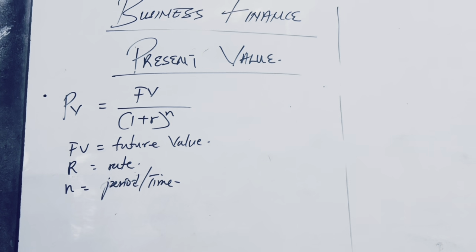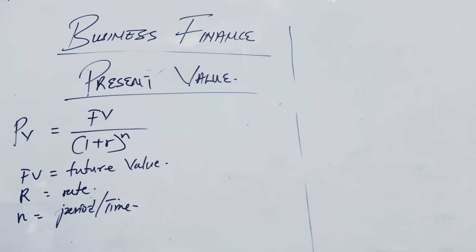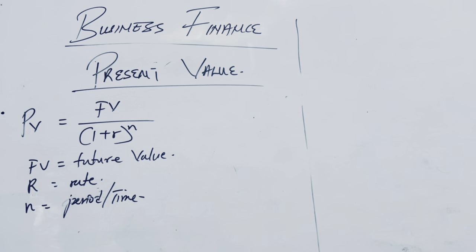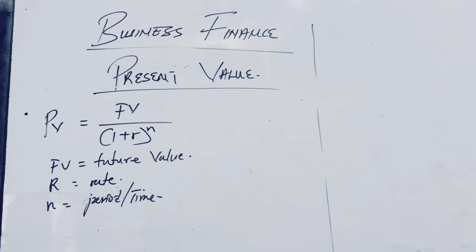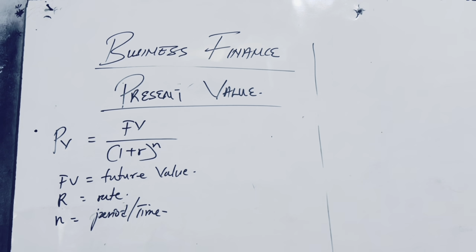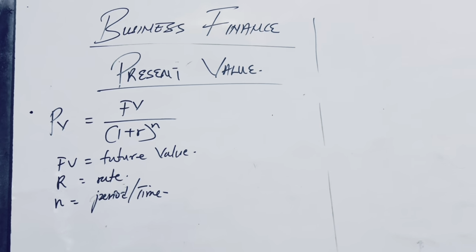If I want to buy a car in 5 years and all other things being equal, let's say the value of that car is going to be 20,000 Ghana cedis in 5 years.